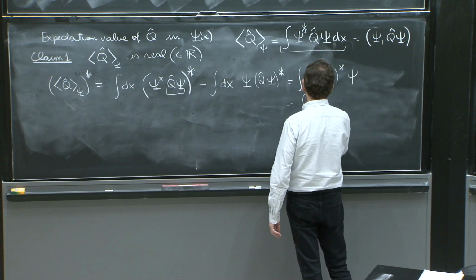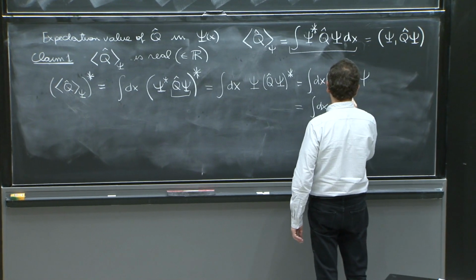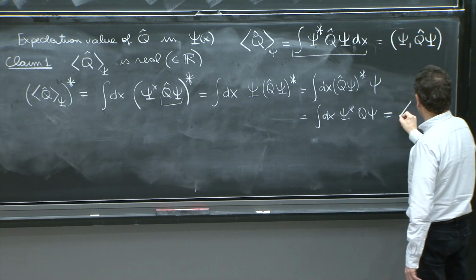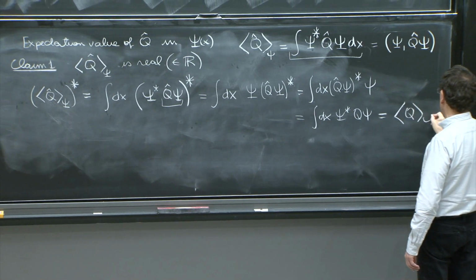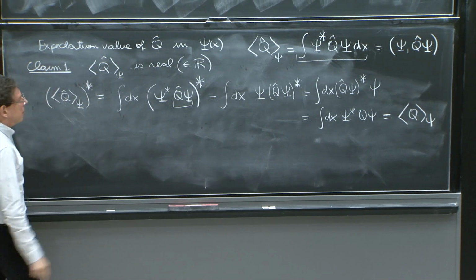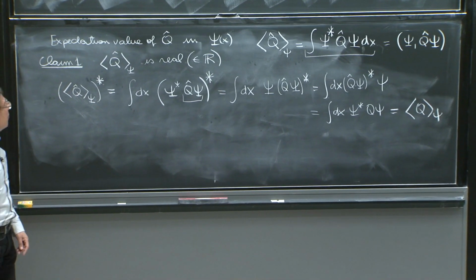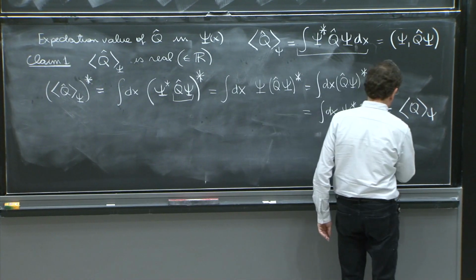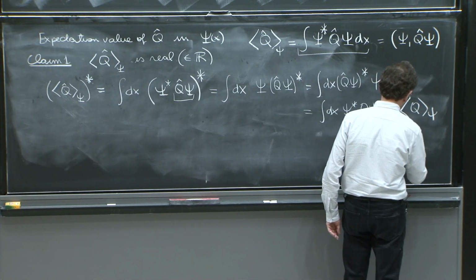So it's equal to integral dx psi star Q psi. And oh, that was the expectation value of Q on psi. So the star of this number is equal to the number itself, and that proves the claim: the expectation value of Q is real.